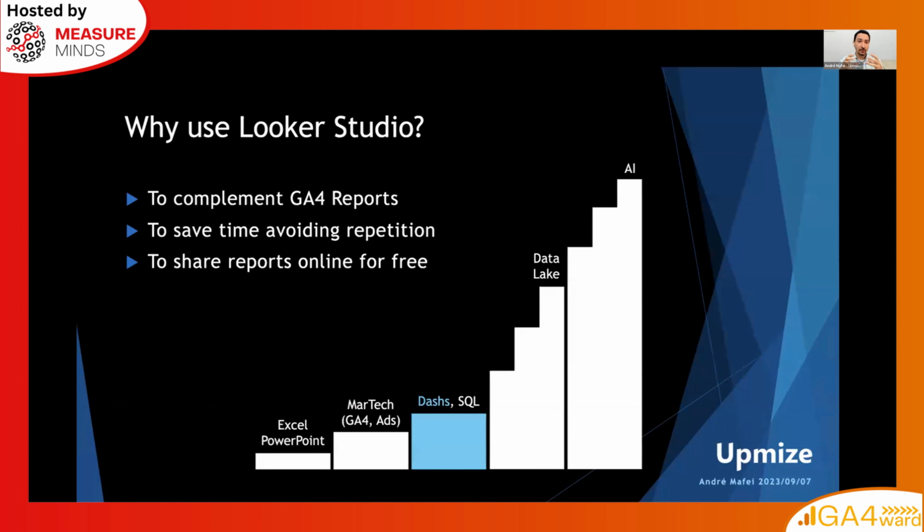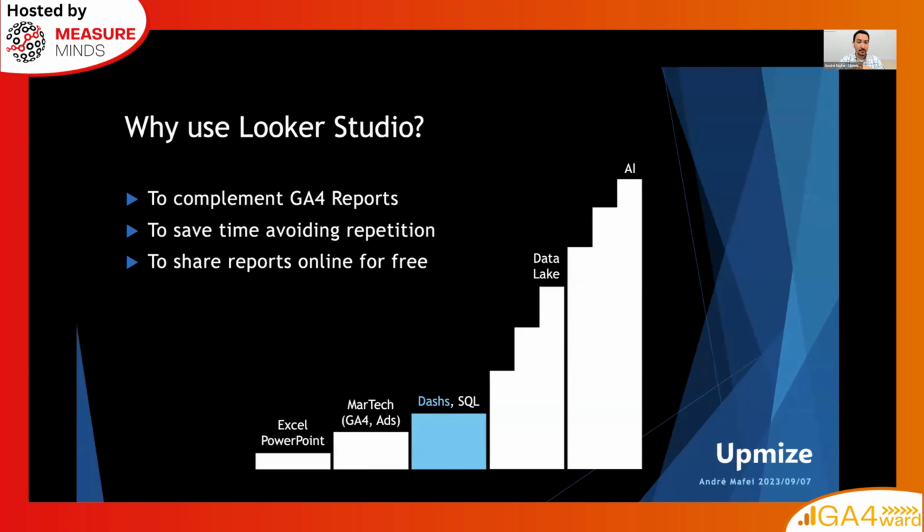Also, sharing reports between people, Looker Studio works pretty well. Sharing reports between properties with yourself. Okay, I've configured this report for this GA or for this site, and I want the same report for another site. Not possible still in explorations in GA4, totally possible on Looker Studio.